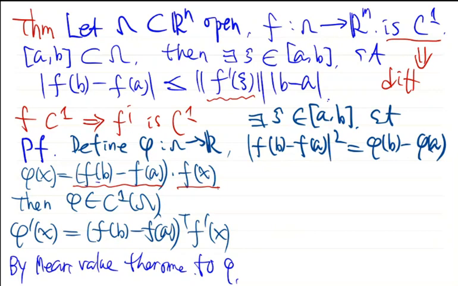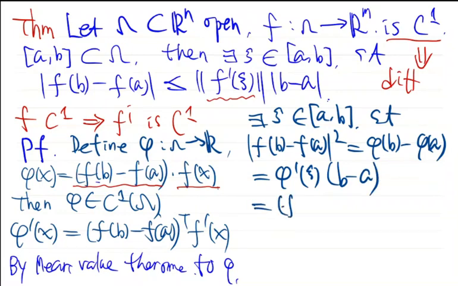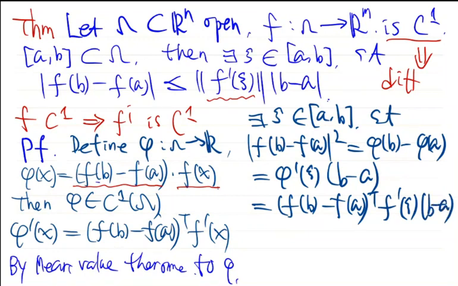Now we apply the mean value theorem for phi: phi b minus phi a equals phi prime Xi times b minus a. But phi prime Xi is the transpose of fb minus fa times f prime Xi, applied to b minus a.